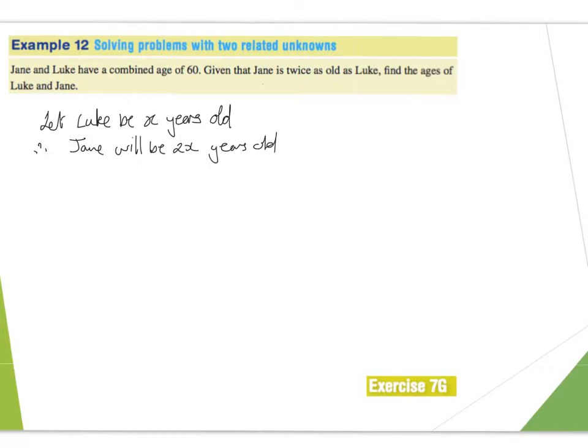Now, find the ages. So the equation will be x and Jane and Luke. So Jane and Luke, which means 2x plus x, have a combined age of 60. Step 3, solve the equation. 2x plus x is 3x. 3x equals 60.